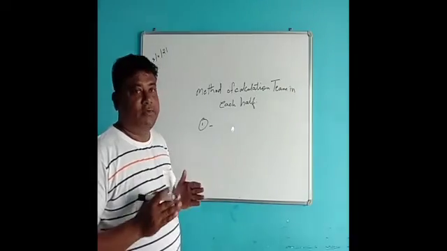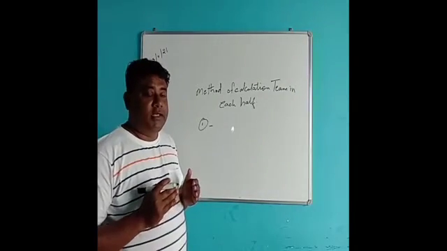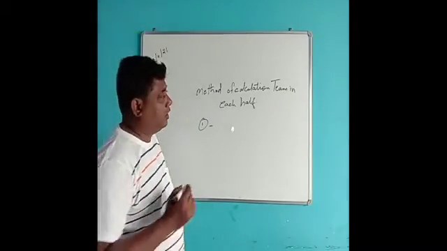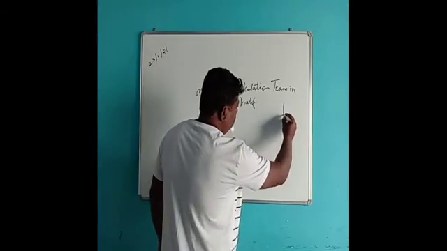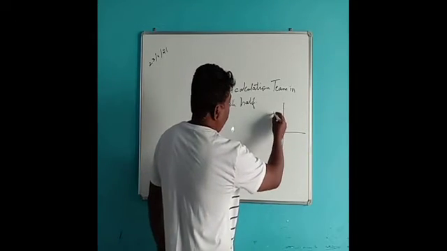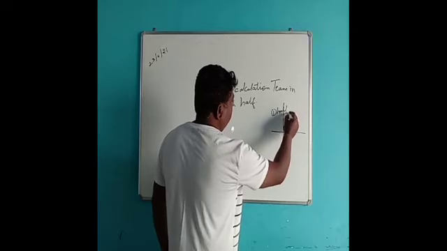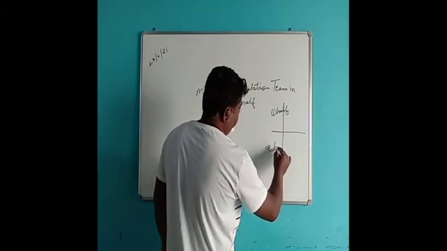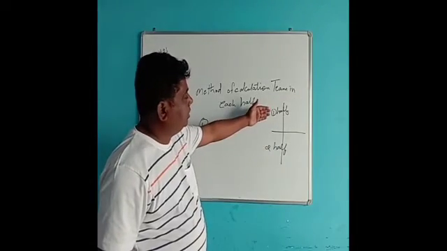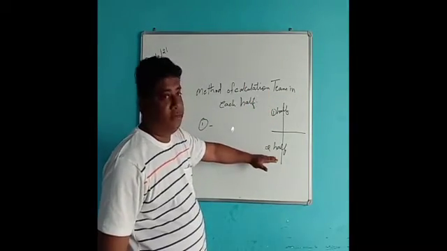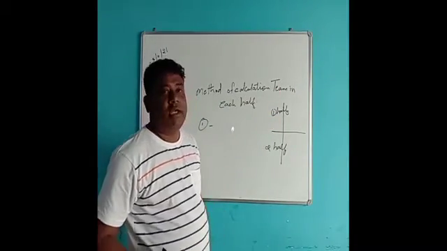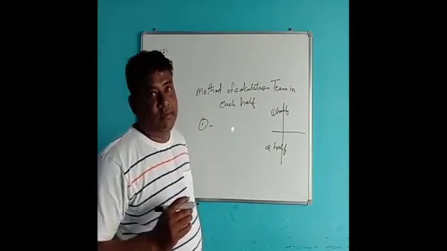Then we have to find how many teams will be in the upper half and how many teams will be in the lower half. Suppose we draw a fixture like this. First half, second half. How will we come to know how many teams will be in the second half, and in the upper half?